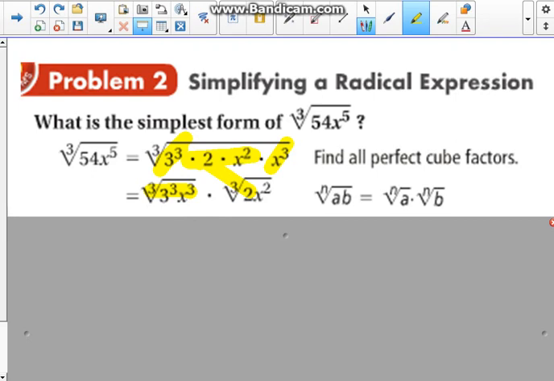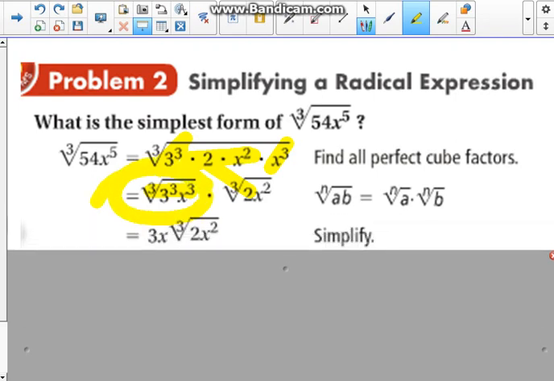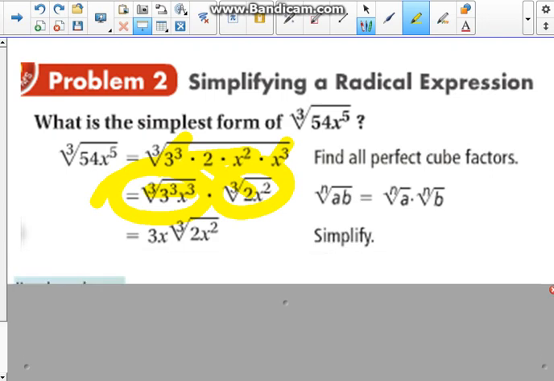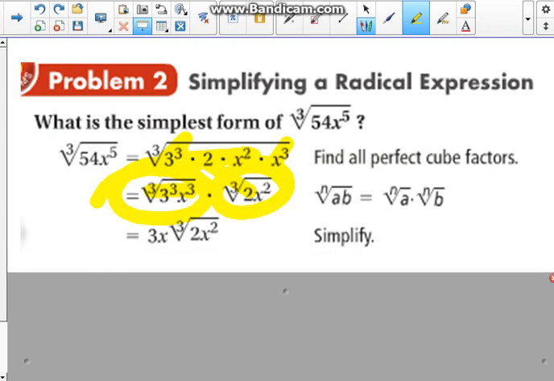And then we want to clear this out now, simplify that to 3x. And then we're left with the cube root of 2x squared. So that is our final answer: 3x times the cube root of 2x squared.